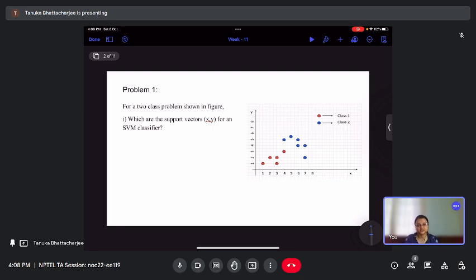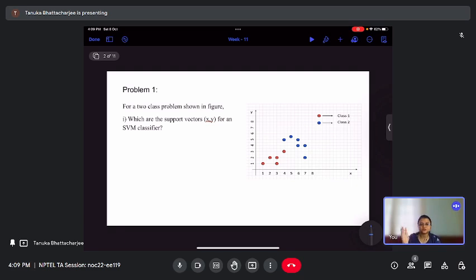The other vectors which are inside the two classes, towards the inner part of the classes, do not have any contribution in deciding what will be the decision boundary.